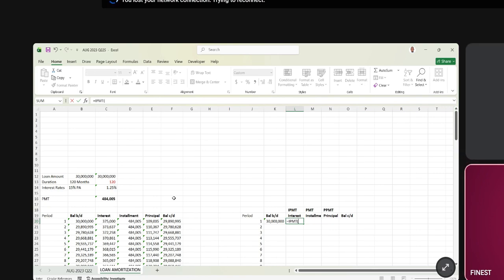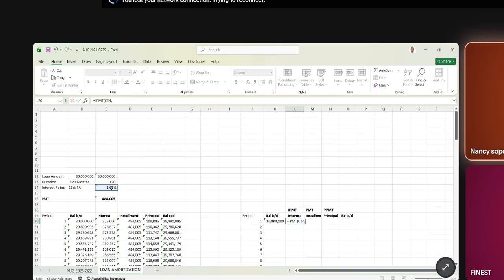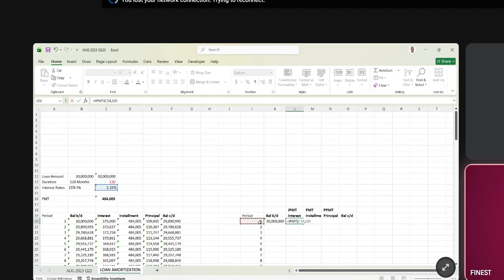So what is the rate? 1.25. Comma. The period is period 1, the first period. The number of periods is 120, comma. Then the negative of the 30 million. So you put a negative, then 30 million. You press enter.